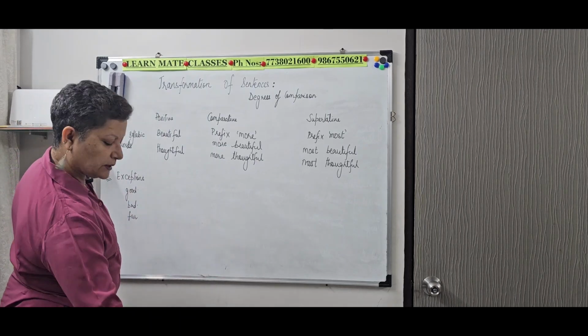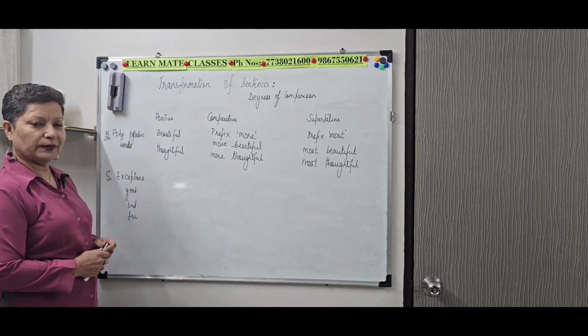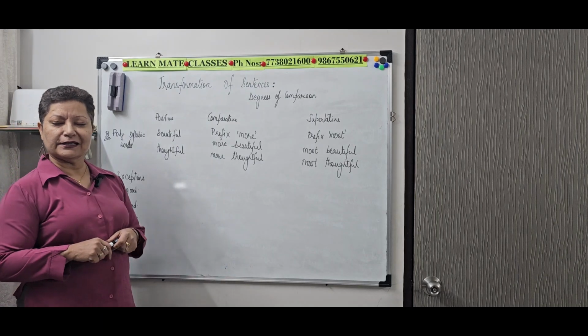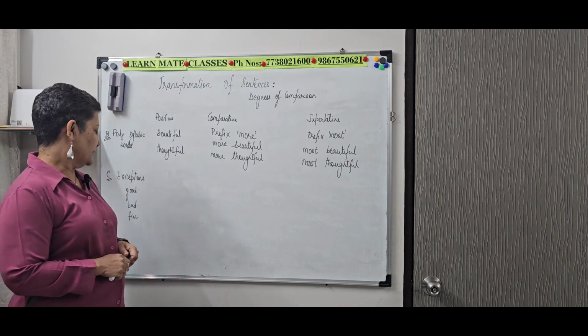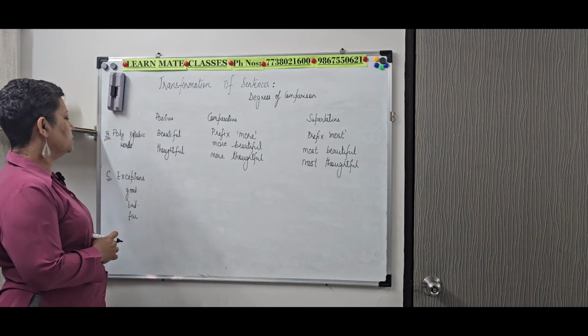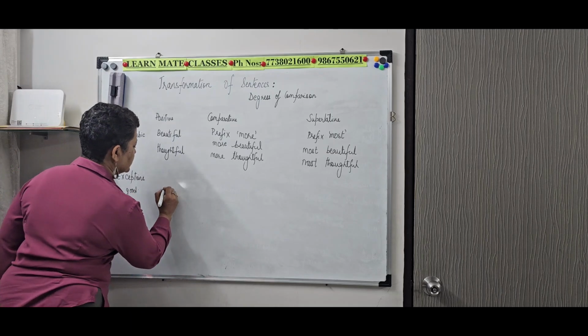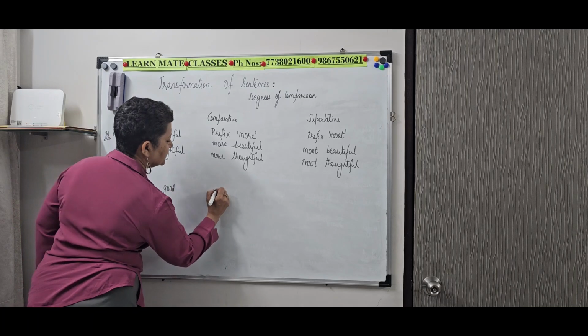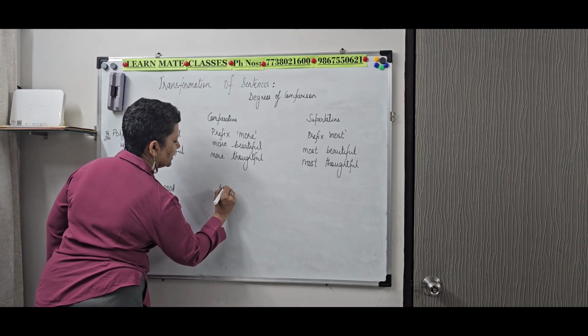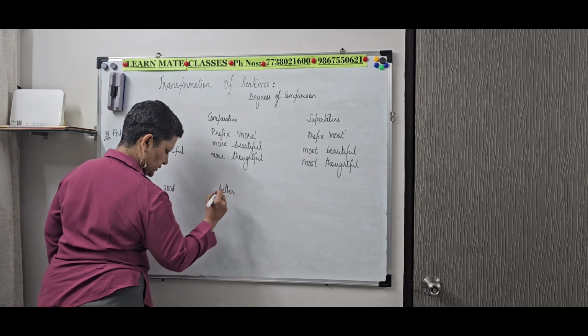Now, coming to the next, we have some exceptions. Always there are exceptions. Like in the class, there are some naughty ones. So, in grammar also we have some exceptions. If I have this word good here, I don't have more good, I don't have gooder. The comparative becomes better, and this becomes best.